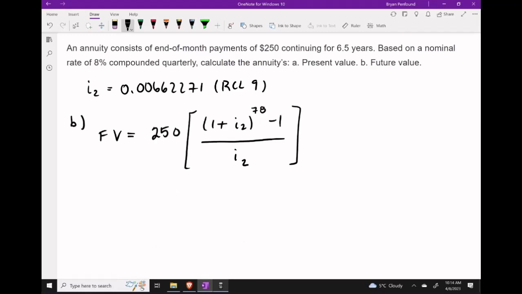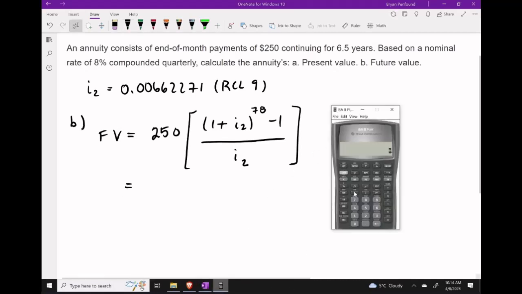Moving on to part B, we already know how to update the formula here. We know we're going to take 250 as our payment size. We've calculated N to be 78, and let's go ahead and replace our I's with I2. So again, let's start in the numerator. 1 plus recall 9.